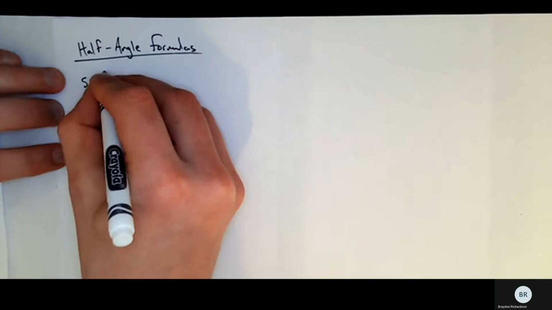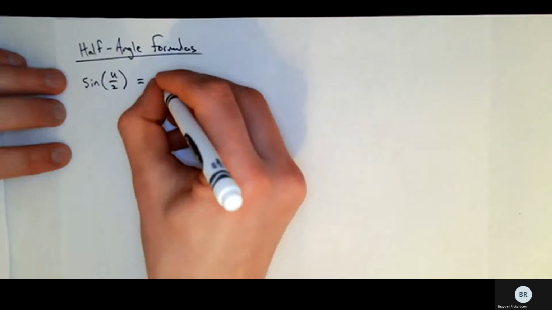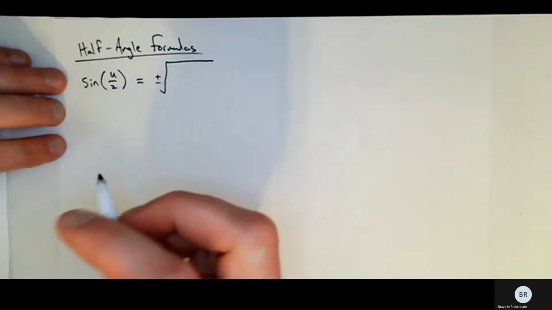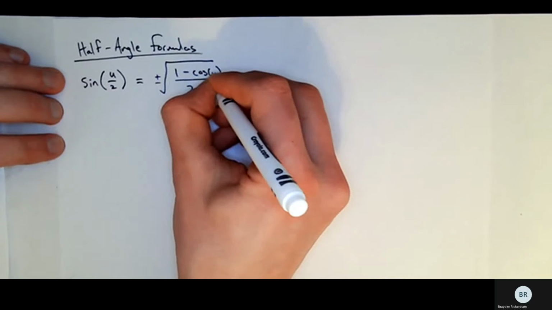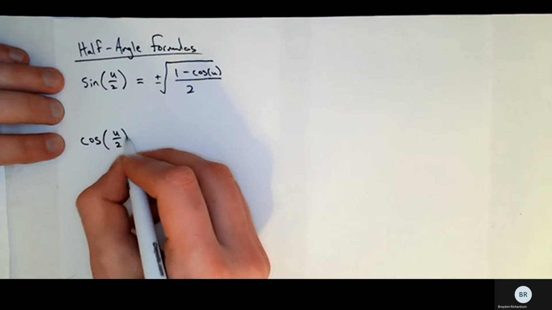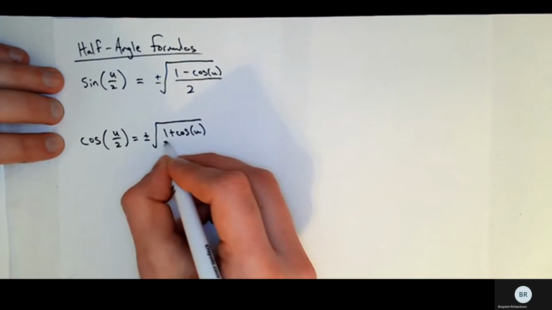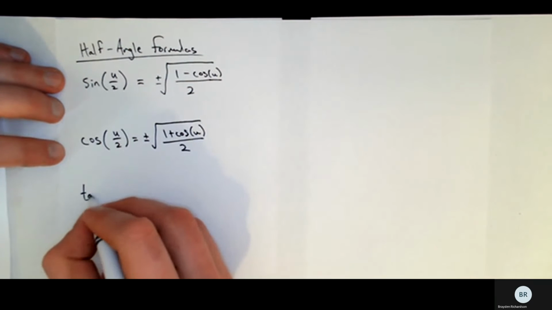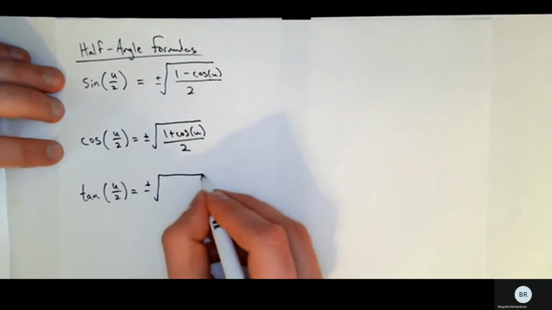These are a little bit weirder, but they're coming straight from the power reduction formulas. So if you wanted to, you could derive these on your own, just plugging in that u over 2.